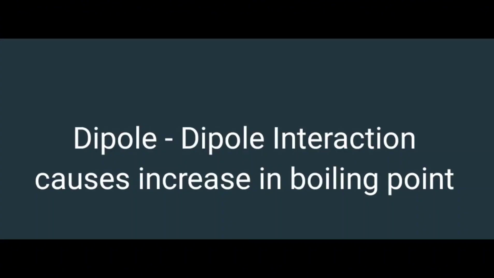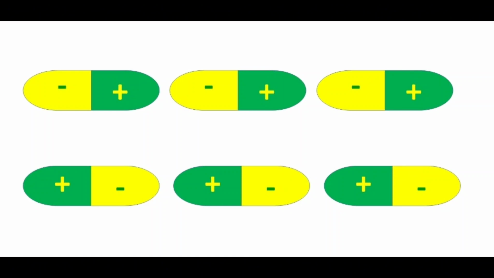When there are dipole-dipole forces between molecules, the boiling point increases. Why? Because there is interaction: the positive part of one dipole and the negative part of another dipole attract each other. It means the boiling point will be higher because we need more energy to break this interaction and make these molecules fall apart.